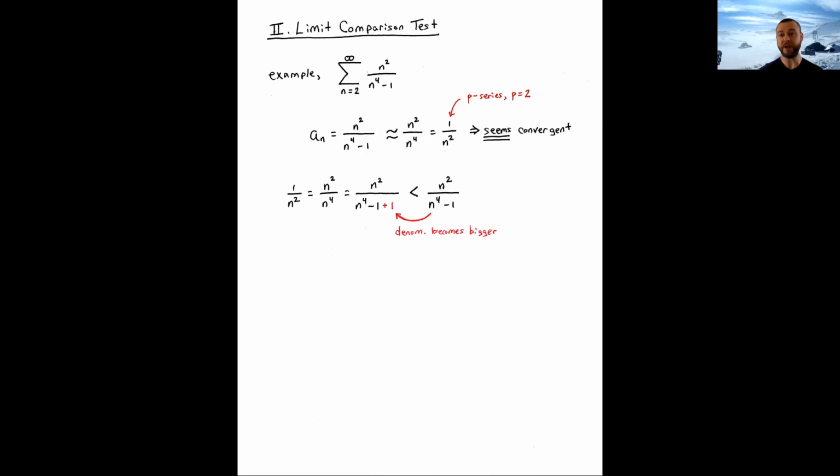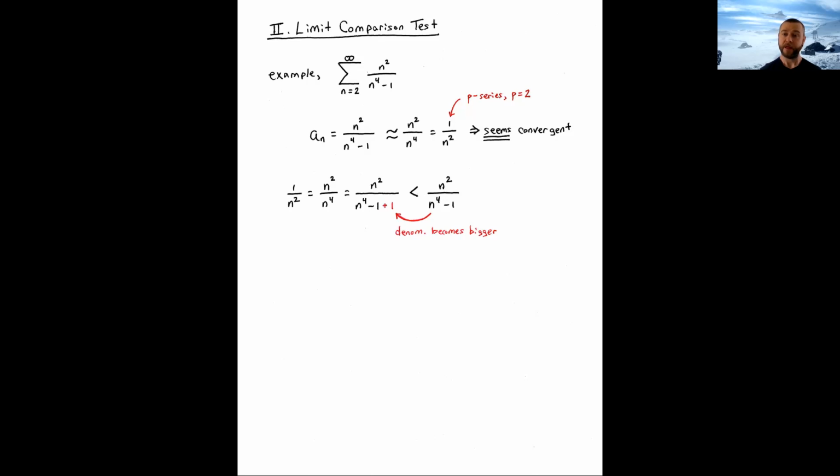Now, if we were to get rid of the -1, what we'd really be doing is adding an additional +1 in that denominator. And when you add +1, you actually make your denominator bigger. And if you make your denominator bigger, you get a fraction that is smaller.